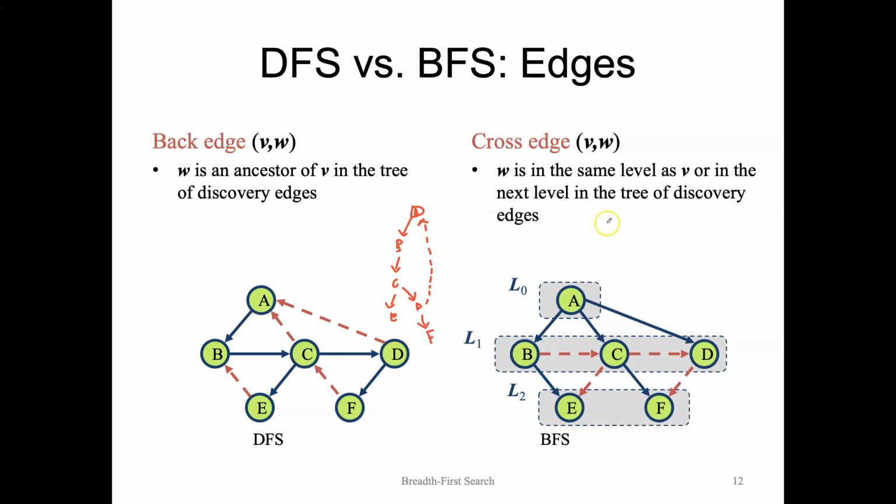Whereas with breadth first search, we're not exactly constructing our tree that way. A non-discovery edge here, to go back in this way would be impossible when we're using breadth first search, because breadth first search will always visit all those vertices which are within one hop, one edge away from the previous layer.